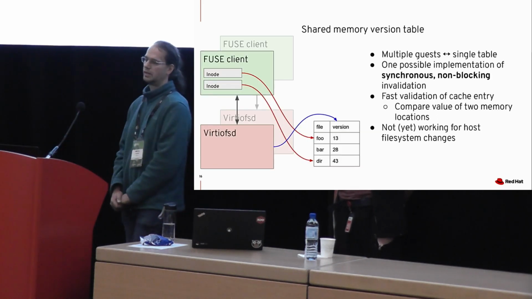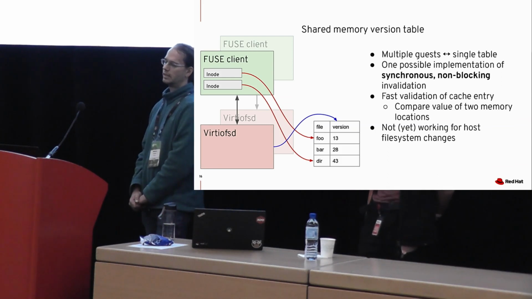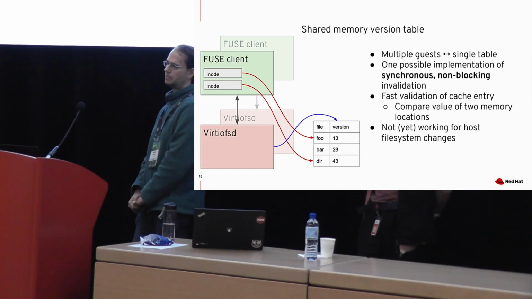So one way of implementing synchronous and non-blocking invalidation is to have a piece of shared memory containing a table which has a version number for each file.